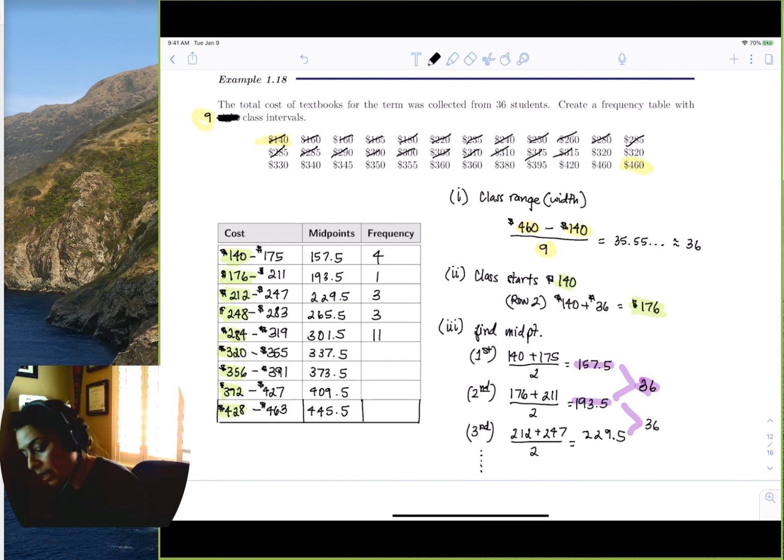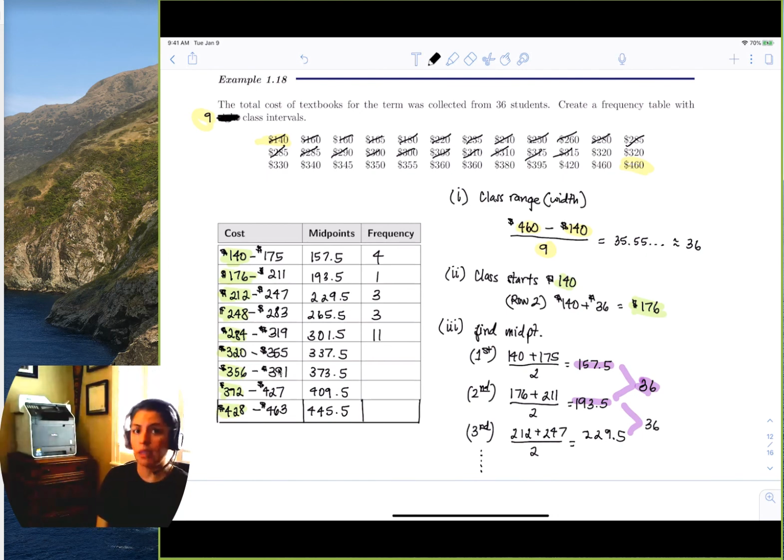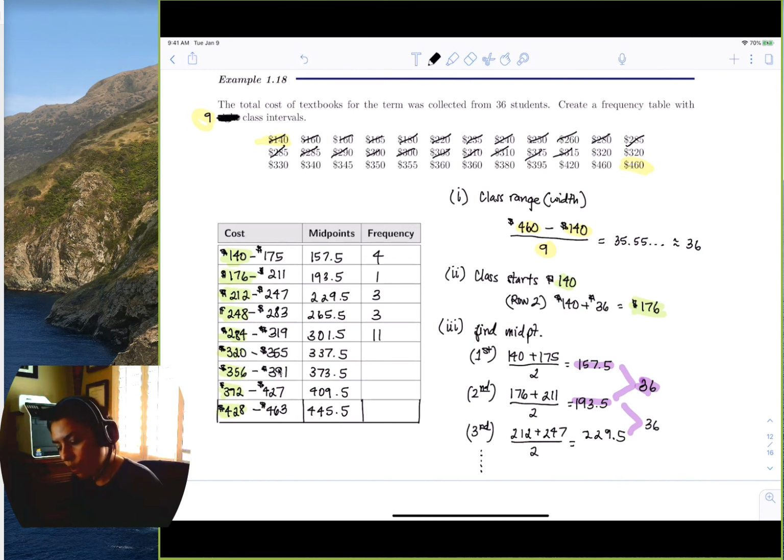So that seems like the highest amount class, right? The students are spending more in that class of 284 to 319. Okay, so let's keep going and I'll let you do the rest for counting. 320 to 355.